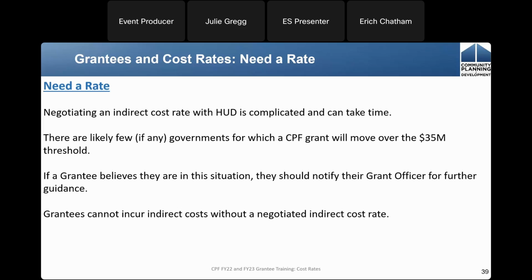But if you are a grantee in this situation, you should notify your grant officer and get further guidance right away. Grantees cannot incur indirect costs without a negotiated indirect cost rate if you're one of those that requires this rate. Again, local governments with federal funds over 35 million. You cannot incur indirect cost until you have the approved rate. Next slide.